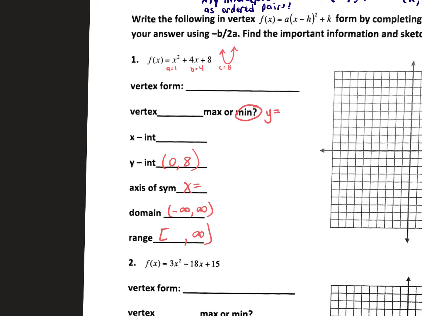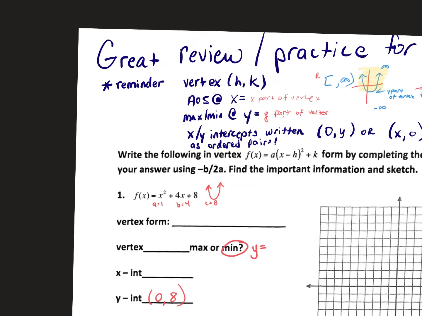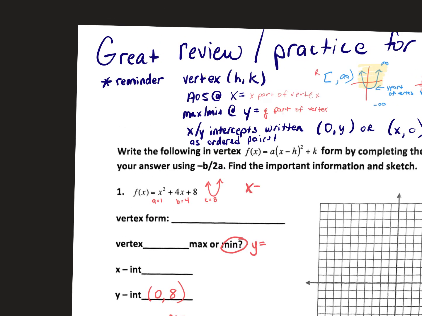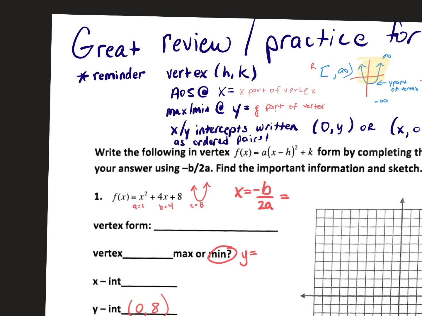Now the first thing you should find, after you fill in all the stuff that you can just by looking, is the vertex. So I'm going to use that little formula, X equals negative B over 2A. What's my B term? 4. So I have negative 4 over 2 times, what's my A term? 1.